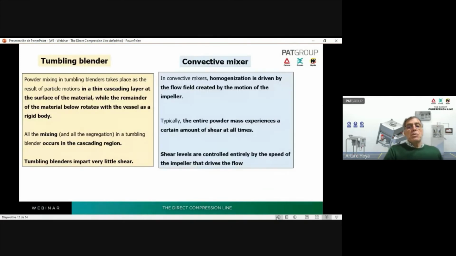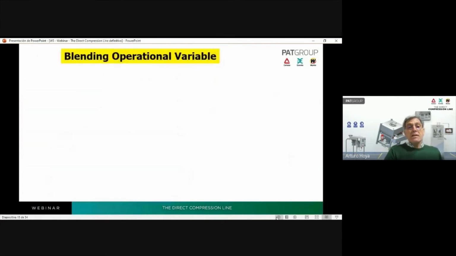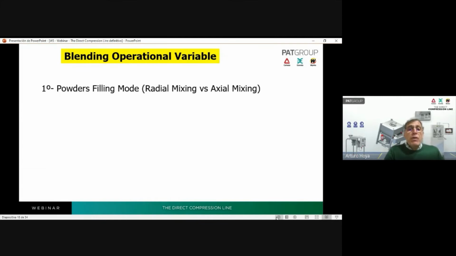Now we have to see the blending operational variables. These are very important because it's the mode in which we configure the operation. First of all, powder filling mode. This is not obvious, because it is the way you fill the powders into the blenders.